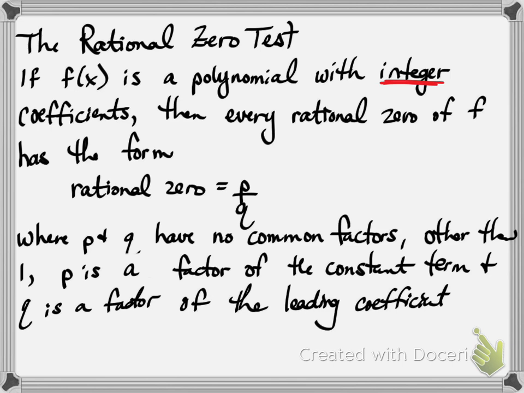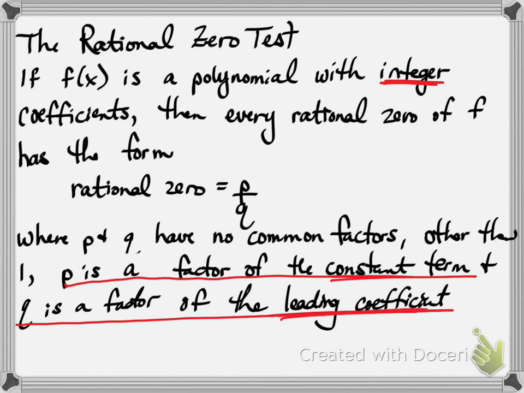The rational zero would be p over q, where p and q have no common factors other than 1. P is a factor of the constant term, and q is a factor of the leading coefficient. So p is constant, and q is leading coefficient. Let's see how we work this out.